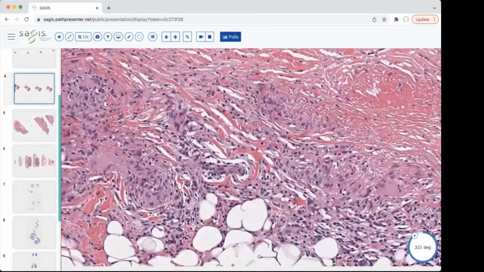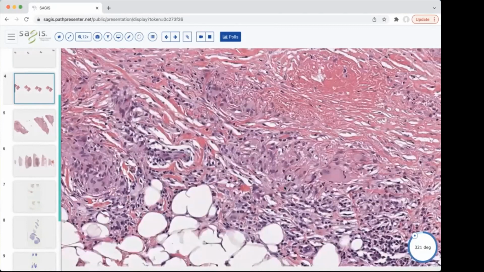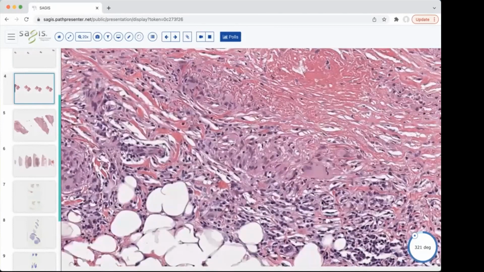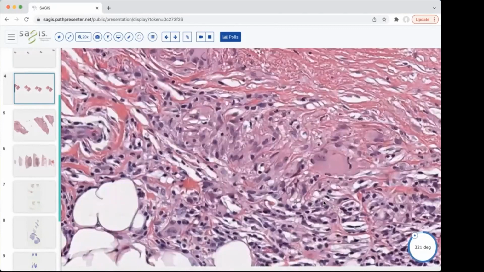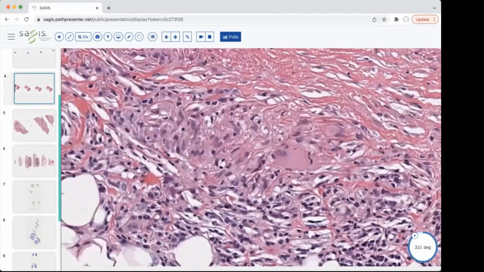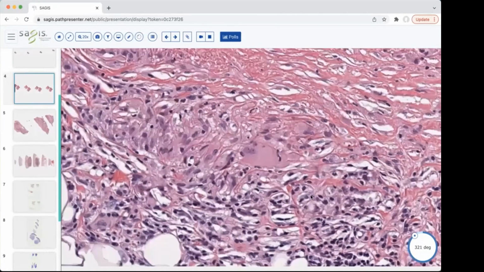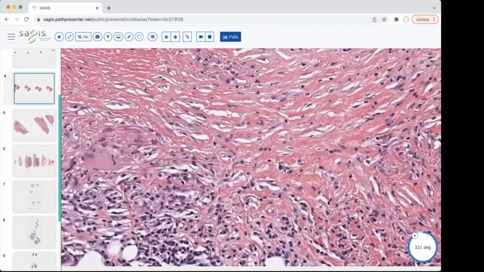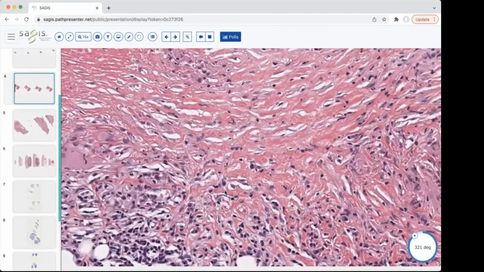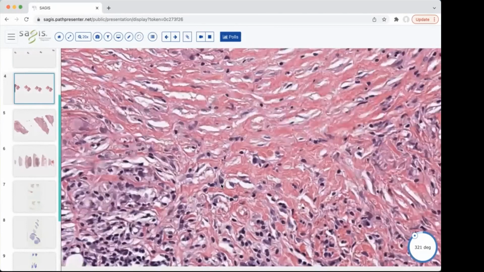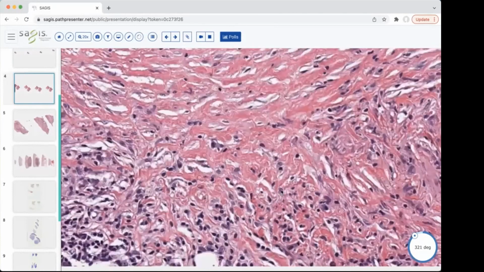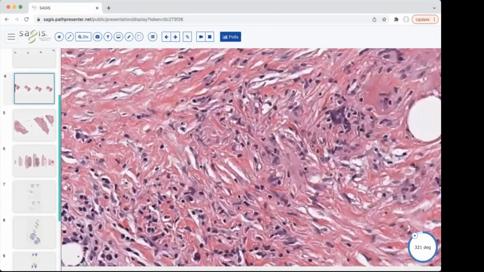And as we pan through here, there's another cell type that we're looking for, which I know may not come through perfectly on the video. That may be one with the pink edge to the nucleus there.